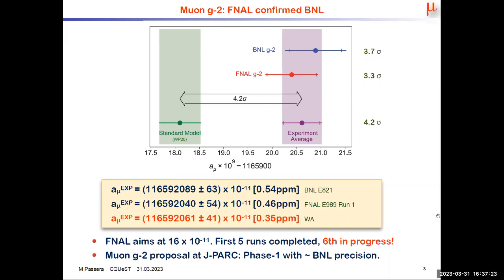There is also another experiment in Japan at J-PARC, and this experiment is completely different, which is good because it will be complementary to the one at Fermilab: a different method, a completely different way of measuring this property of the muon. It will start with a phase 1 uncertainty comparable to the one at Brookhaven.